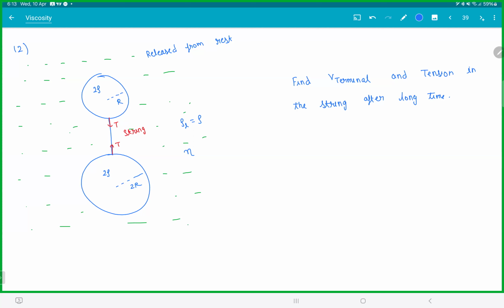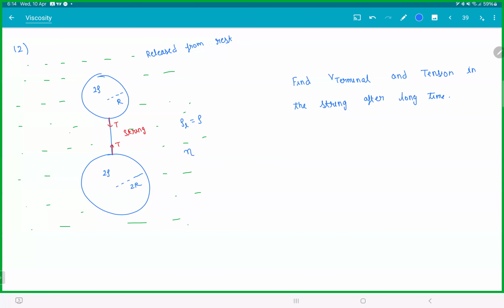If you just draw the FBDs, you'll get it. 8 by 27, that looks wrong. 2R square g by 3.